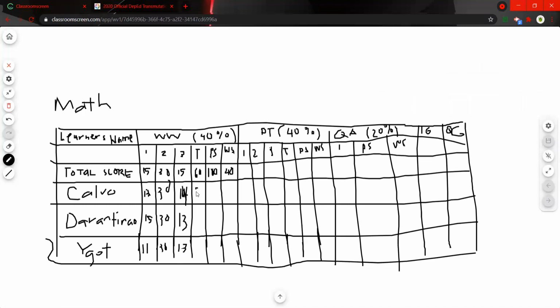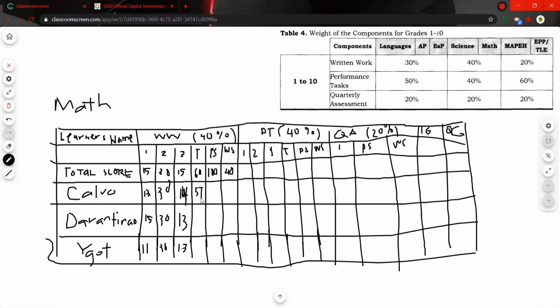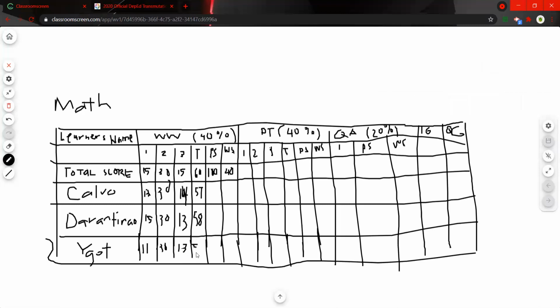So 57 out of 60. Then for Darantinaw, that is 15 plus 30 plus 13, which is equal to 58 out of 60. Then for Igot, 11 plus 30 plus 13, that is 54 out of 60.